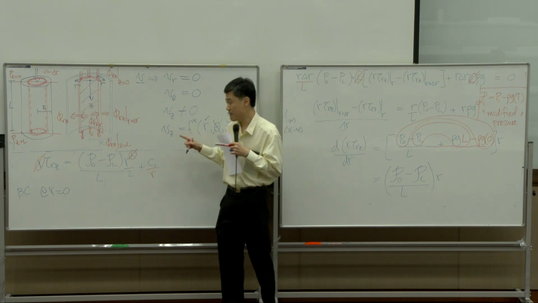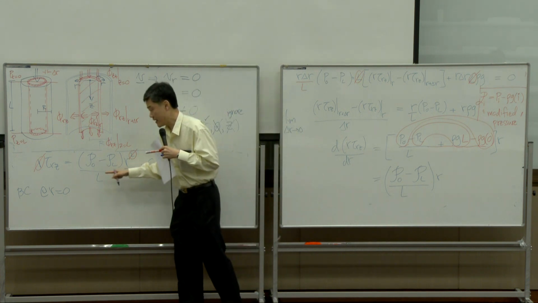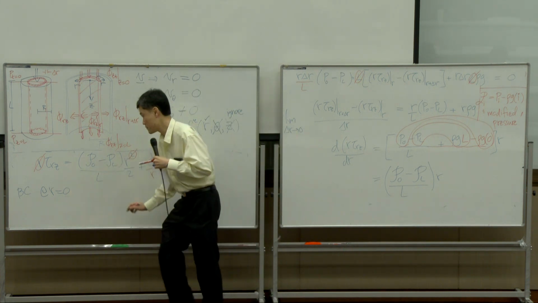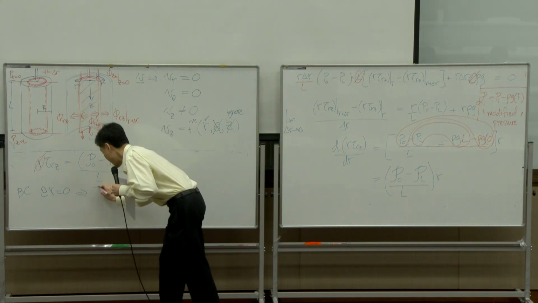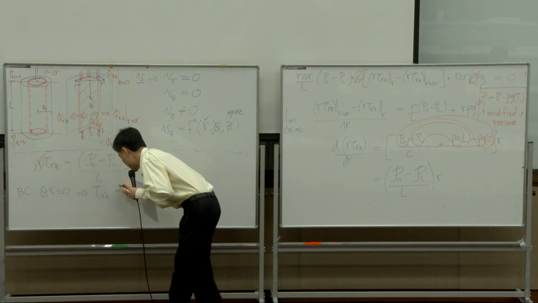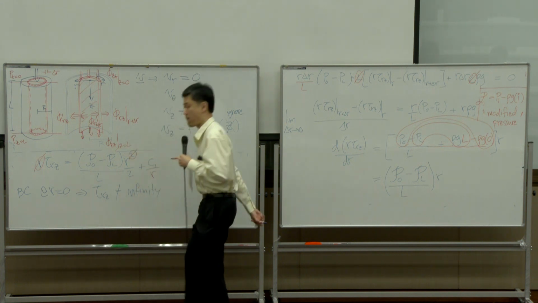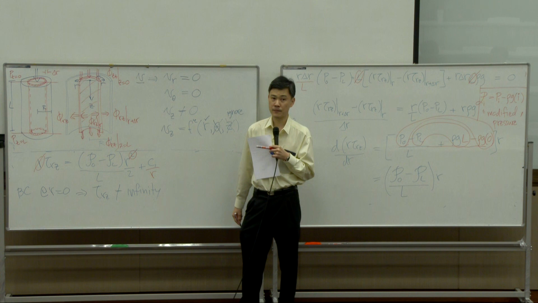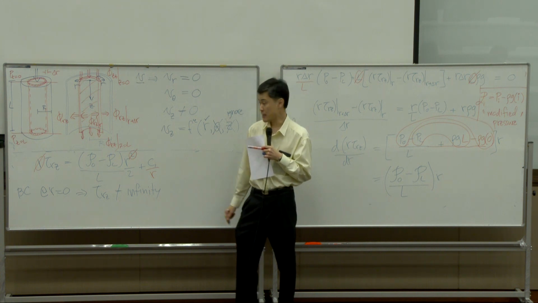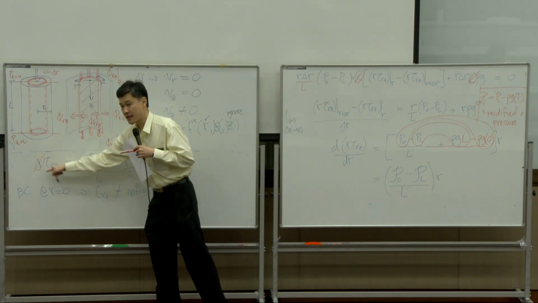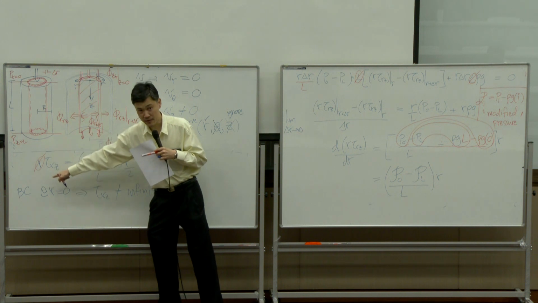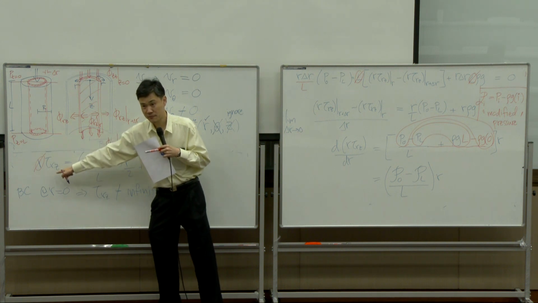So that means, mathematically, if I set r to 0, tau rz is not infinity. That means this side has to be some number at r equal to 0. How much?